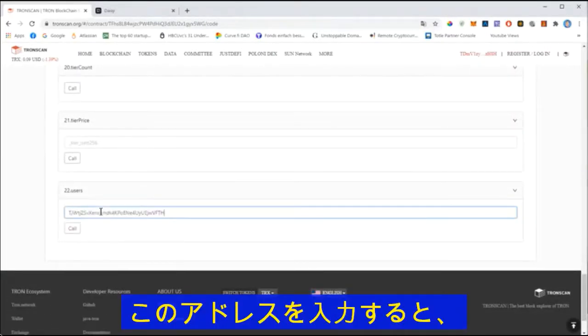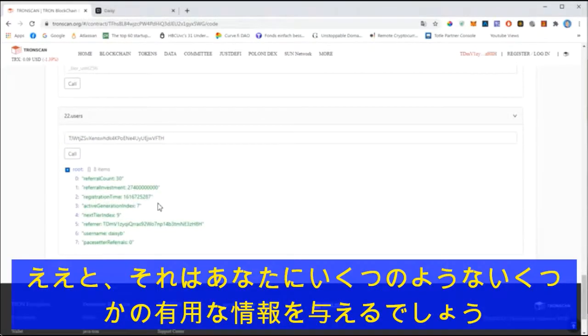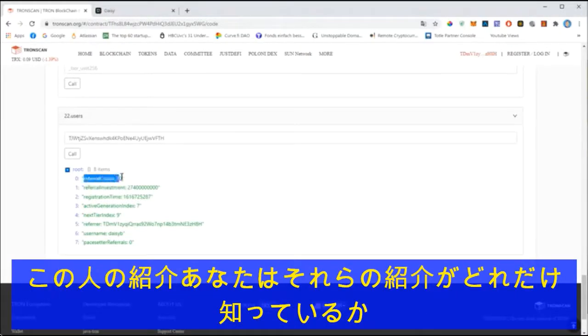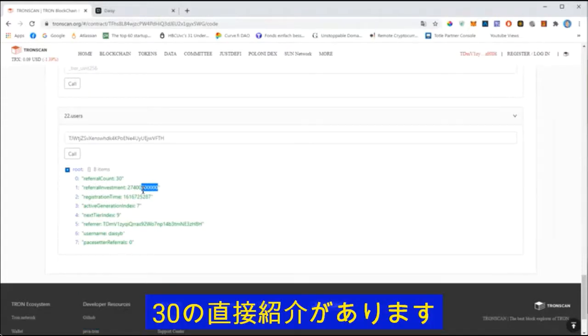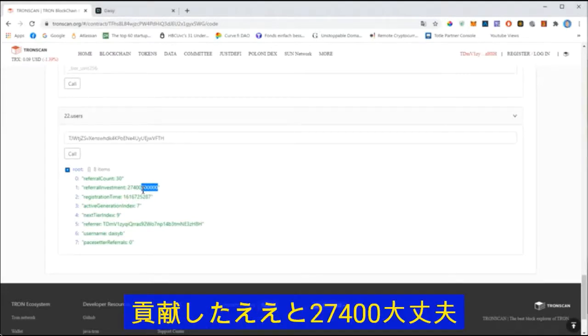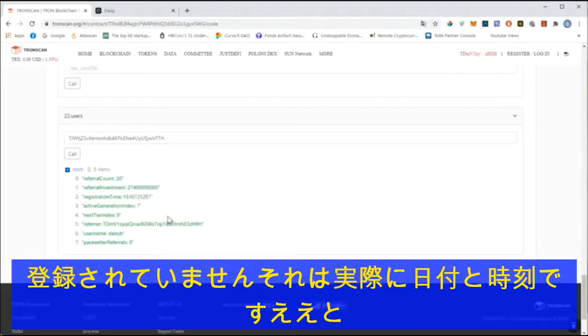and enter this address, and that will give you some useful information, like how many referrals this person has, how much those referrals have contributed. So this particular user has 30 direct referrals that have contributed 27,400. Okay, this is the date when that person has registered.